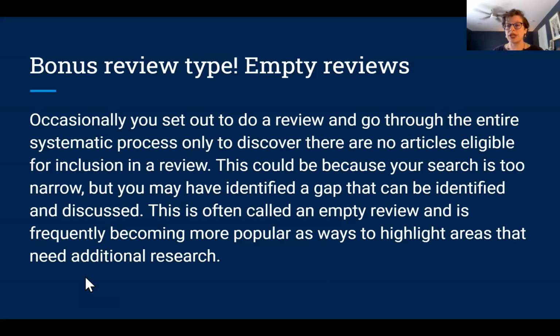But if your search was appropriate and you're not finding anything, it means that you've found a gap in the literature, and you can write what's called an empty review to explain that. These are becoming more popular, and some journals are publishing them because it does highlight and explain why certain areas should be studied if they're not currently being studied in the literature.